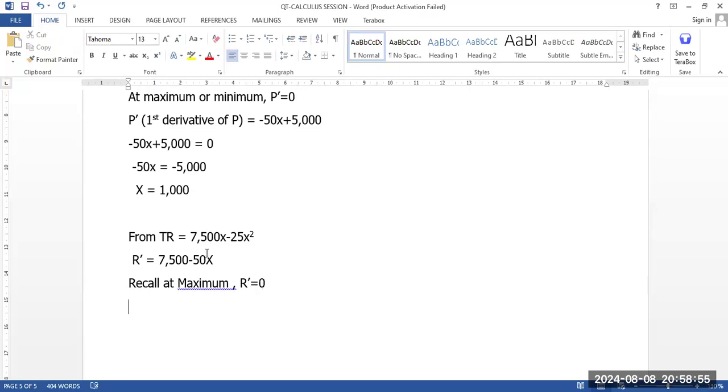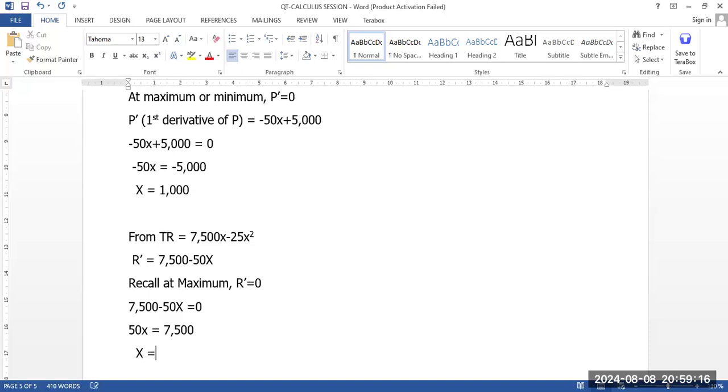So we get this, then we equate it to 0. This will be 50x is equal to 7,500.